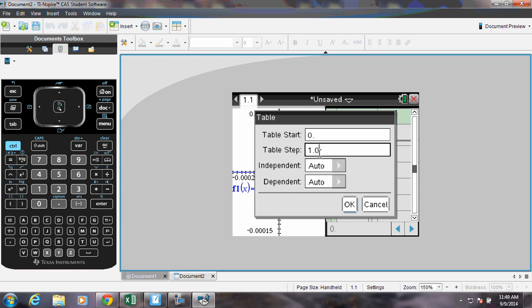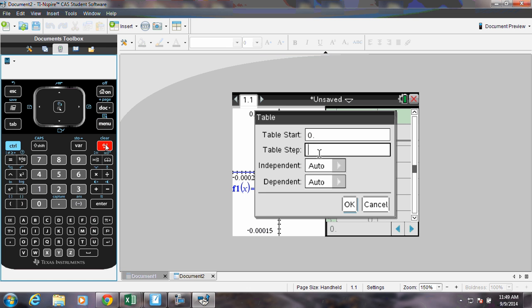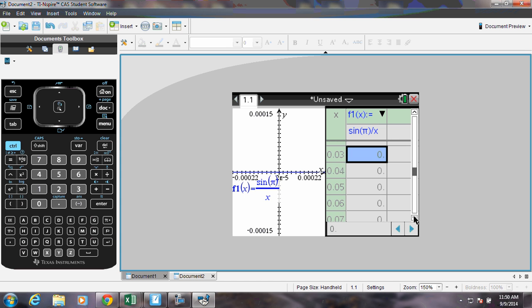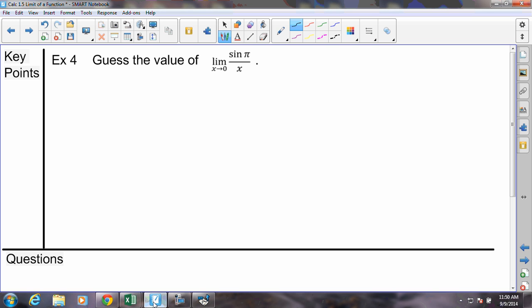Table starts at 0, step of 0.01. Click Enter. What's happening? 0, 0, 0. Why do they wind up all saying 0? Do you remember what the sine of pi actually is? Yeah, the sine of pi is 0.